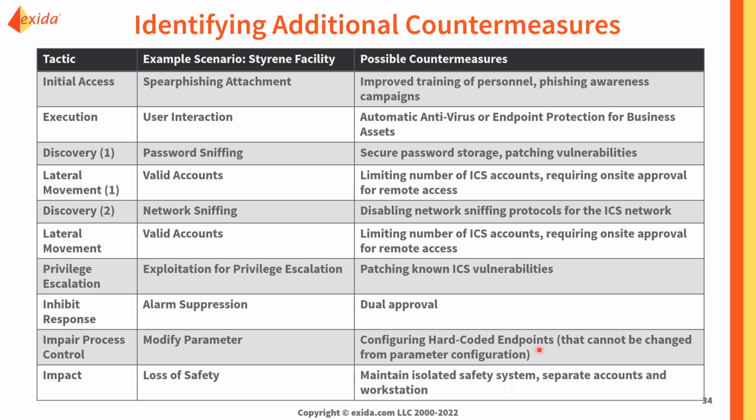We could have hard-coded endpoints for our parameters so that you're not able to just change a configuration to an unsafe limit from the base configurator or from changing set points, but you have to go deeper into the system and provide additional steps to make that change. We can have isolated safety systems to really separate out our user accounts for control from our accounts for our safety activities. And so all of these things make it more and more difficult for the attackers to be successful.